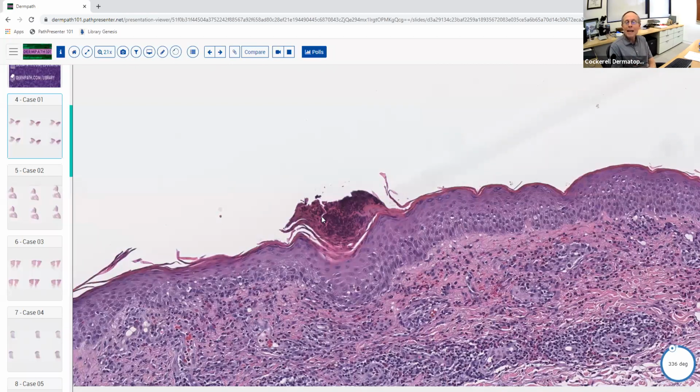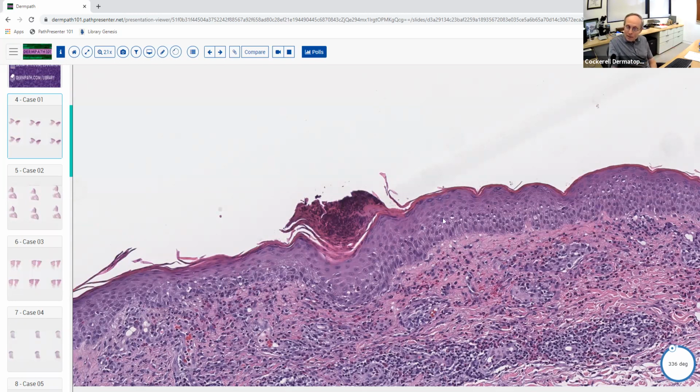For example, if it's basket weave cornified layer with organisms in it, that's tinea versicolor most of the time. If it's got neutrophils in the cornified layer, you can think of psoriasis, fungal infections, things like that. If it's scale crust like here, you might think of possibly irritation or a bacterial infection.